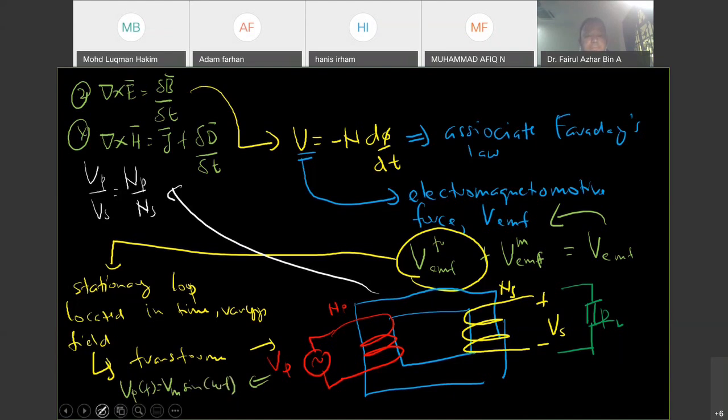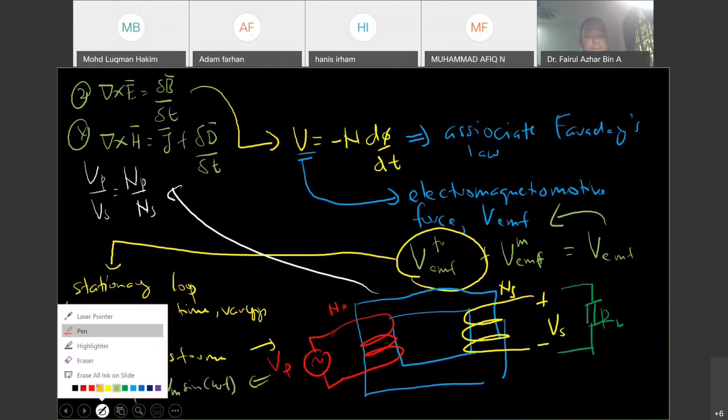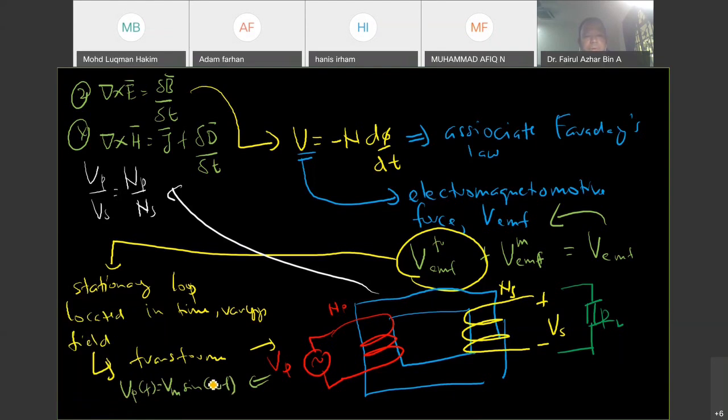As I mentioned just now, whenever we have the source of the field in terms of a sine function, for example, whenever we have VP here, we have IP here, the current that will flow in the primary winding. Because we have a current here, definitely we will induce a magnetic field inside this transformer core.